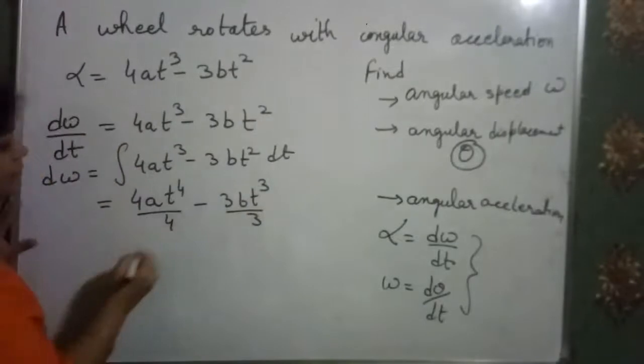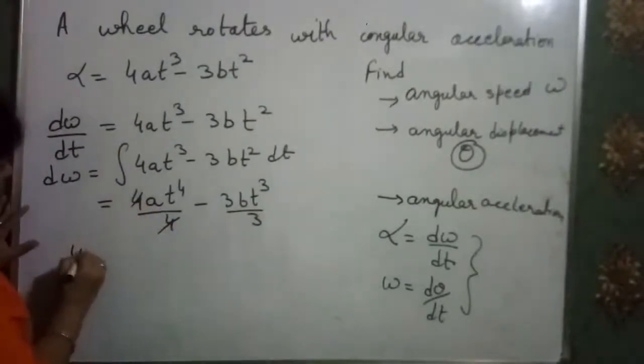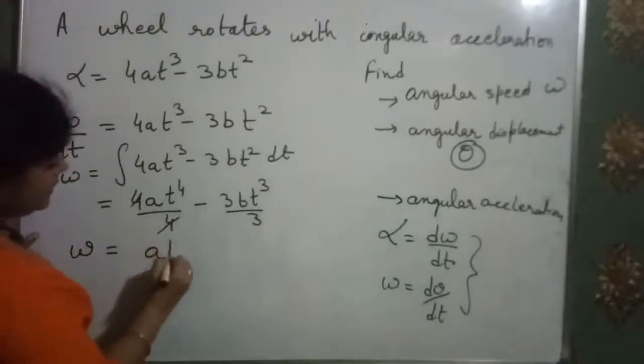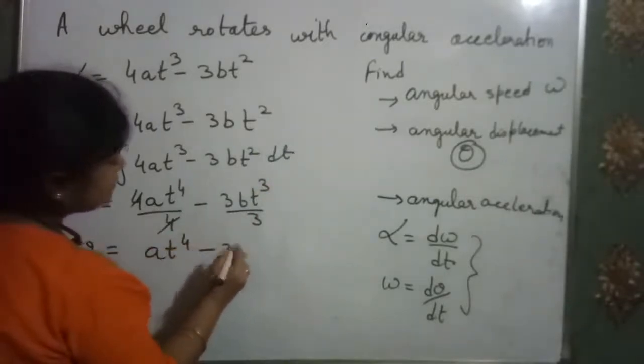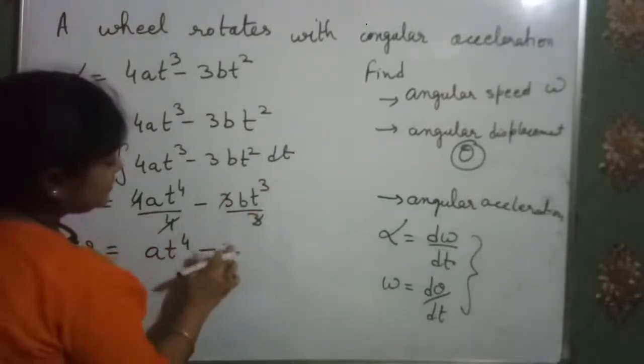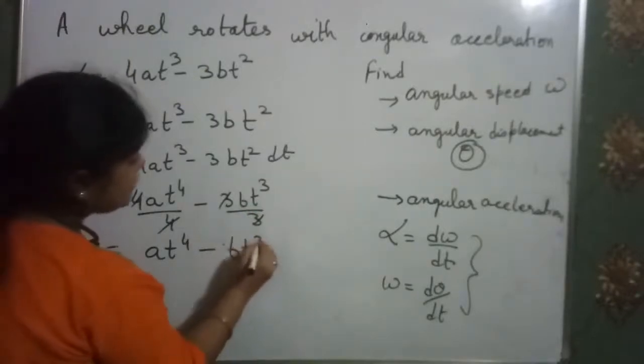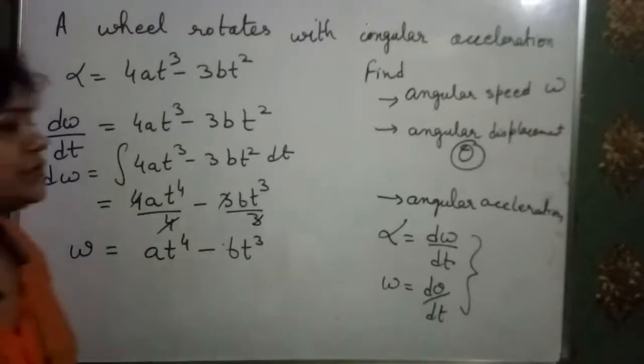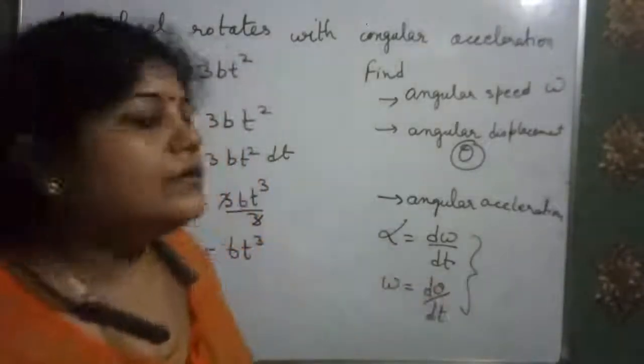Clear? The 4s and 3s get cancelled. So the angular speed omega is at to the 4 minus bt cubed. In this way, as we have in the linear equations of motion, we can also do these types of questions using integration and differentiation.